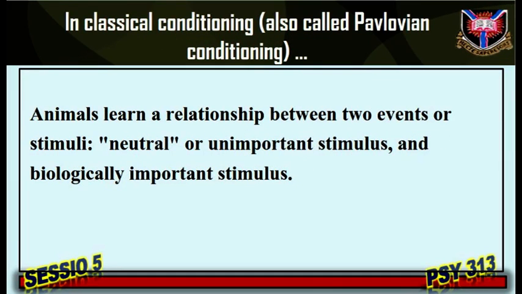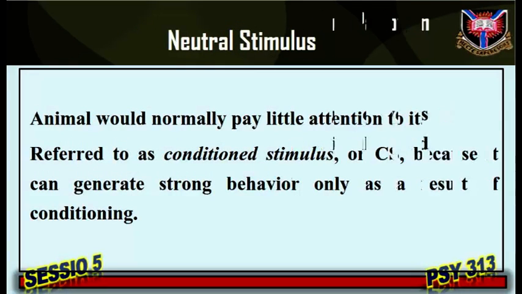In classical conditioning, also called Pavlovian conditioning, animals learn a relationship between two events or stimuli. One of these stimuli is a neutral or unimportant stimulus that the animal would normally pay little attention to.